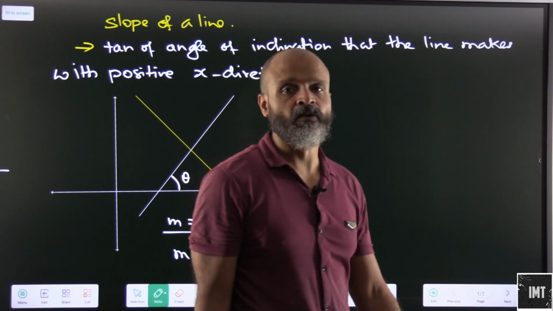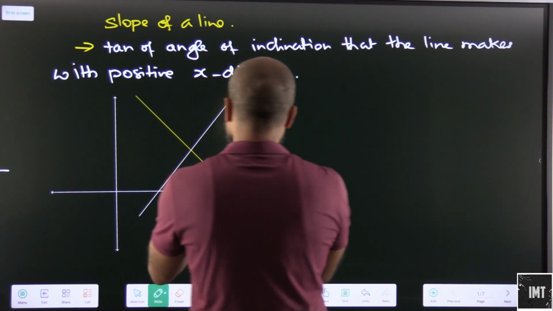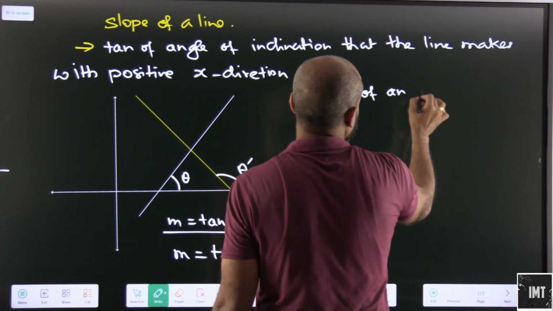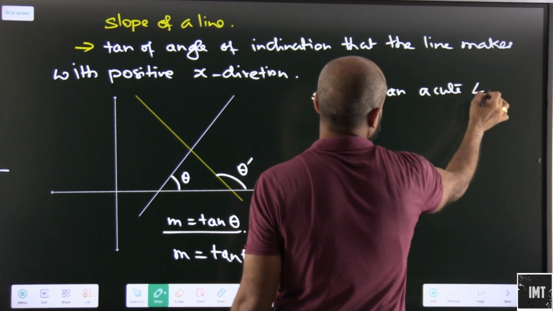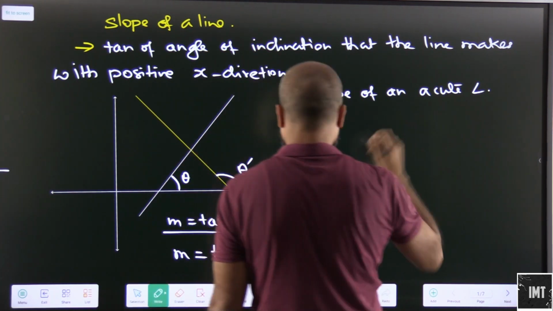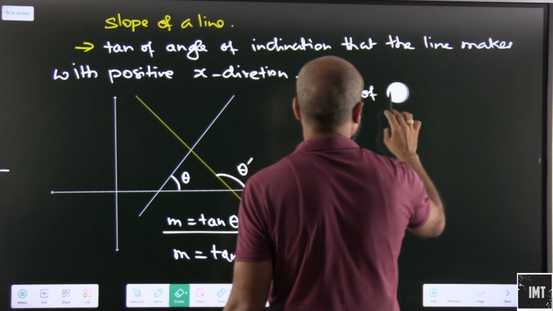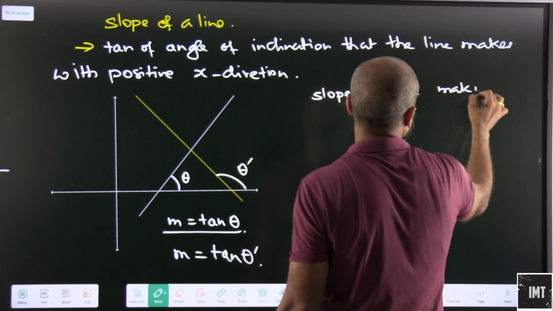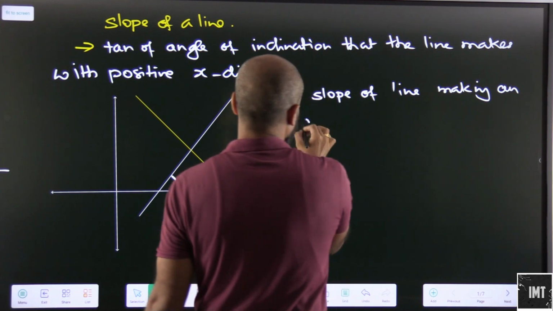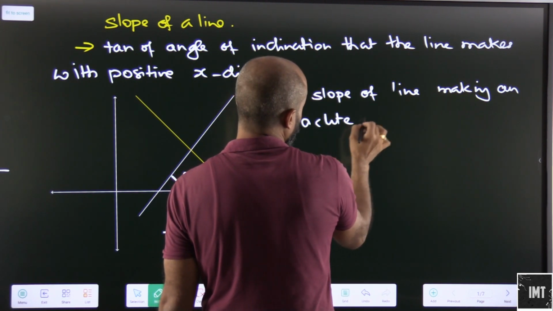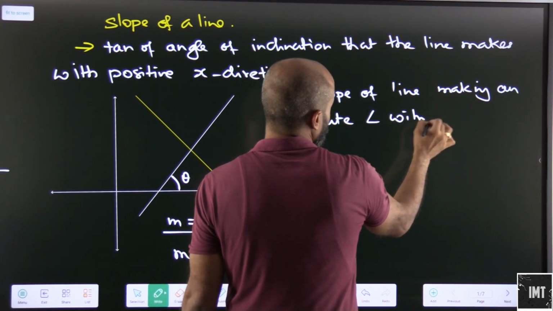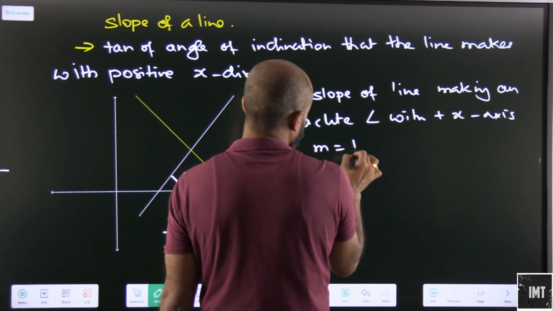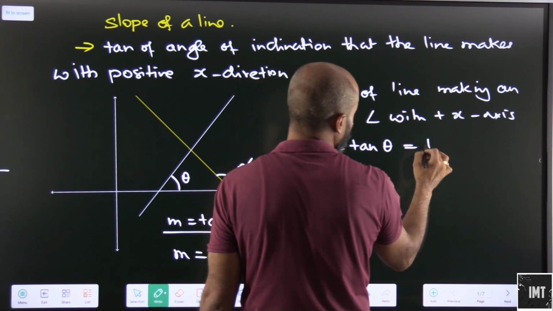So obviously we know that the slope of a line making an acute angle with the positive x axis will be how much? m is equal to tan theta, which is basically positive.